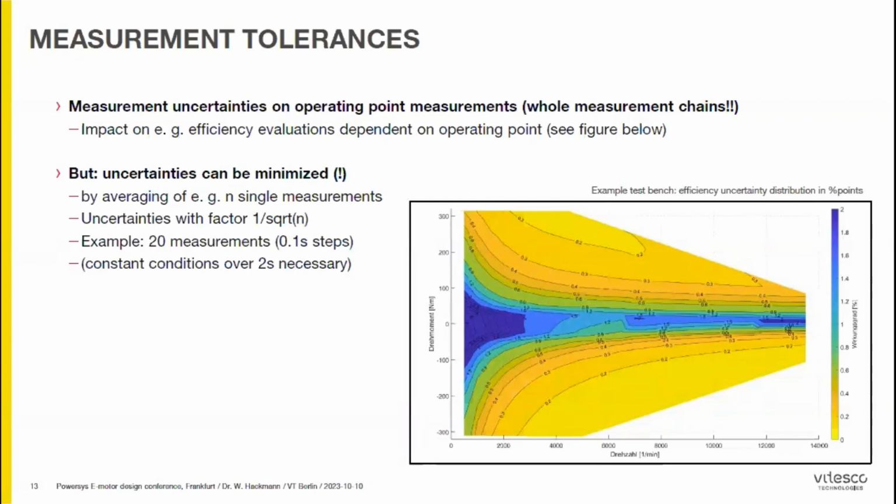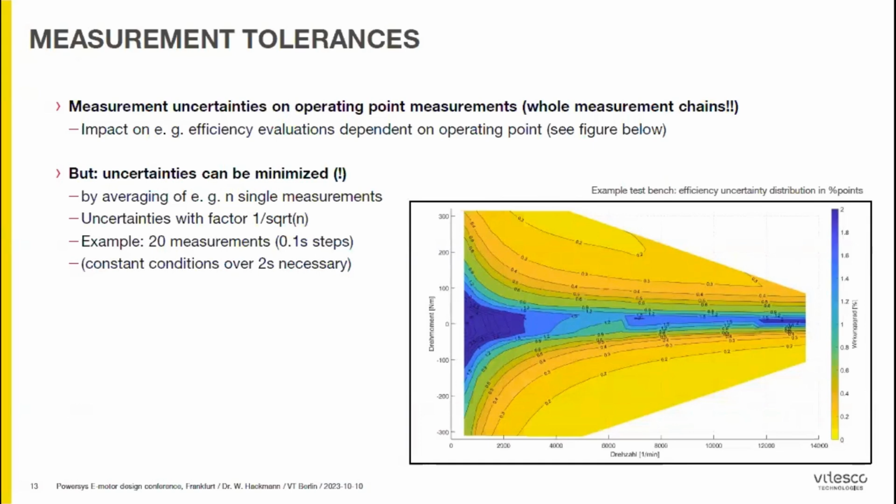And this is very practical. We normally measure 2 seconds, and in these 2 seconds the operating point is still constant. No problem with this. We get 20 values and take the average value. And then we are speaking not about 0.2 percentage points measurement uncertainty, but 0.2 divided by the square root of 20.